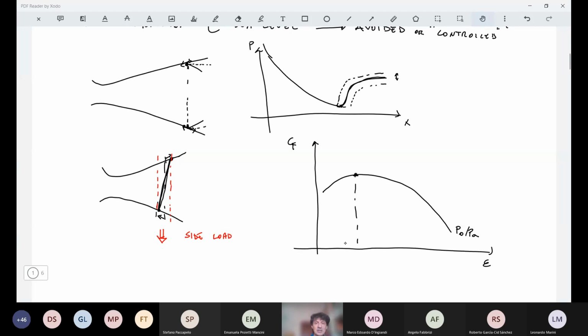And we found that we can draw many lines like this on this diagram, each corresponding to a different value of P0 over PA.